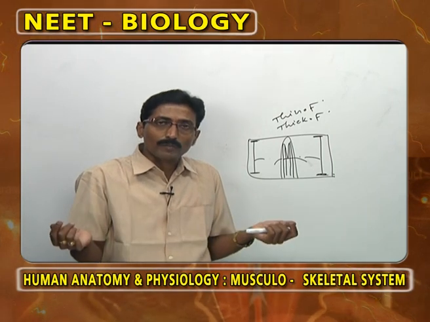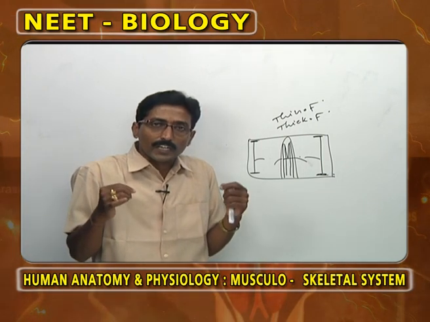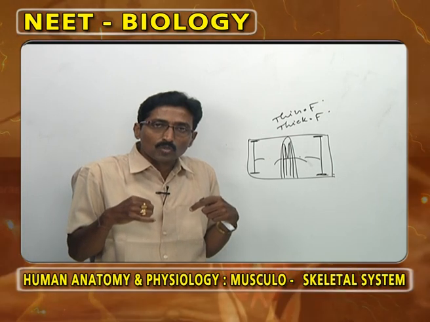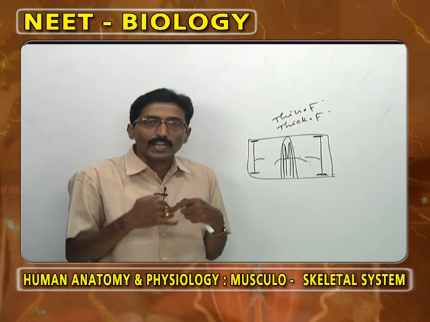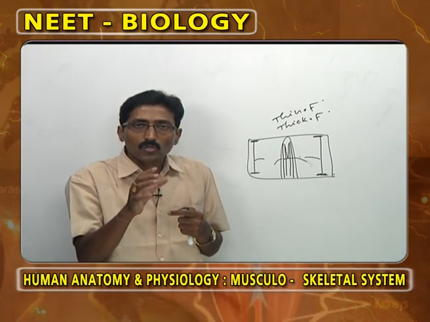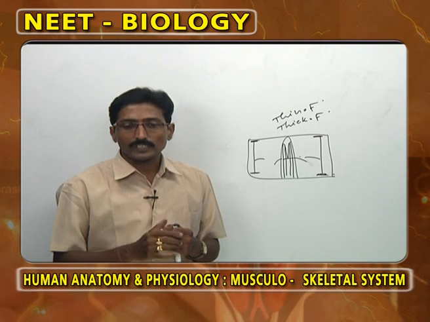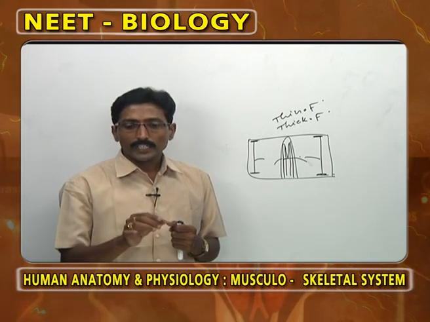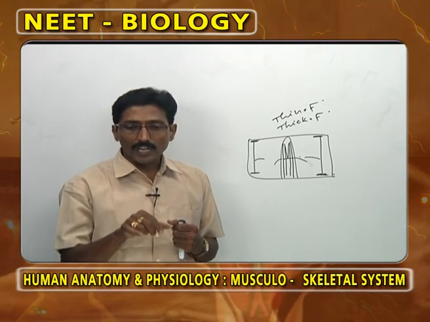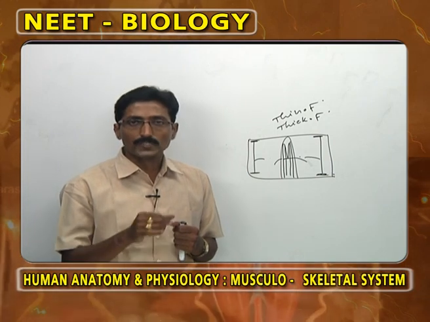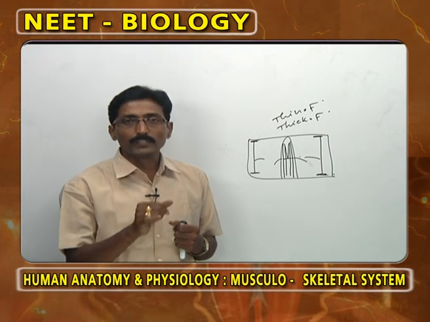That means up to the H zone only, but not up to the M line, so that there is no change in the A band. So during contraction, the size of sarcomere in a striated muscle, or voluntary muscle or skeletal muscle, is reduced without reduction in the size of thick or thin filaments.